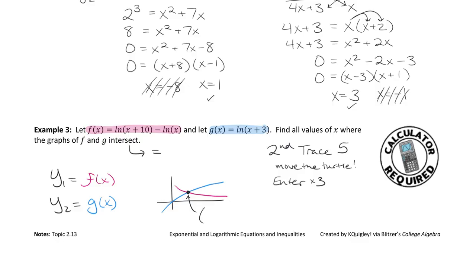We should get that the coordinate point where they're intersecting is 2.3166, 1.6708.